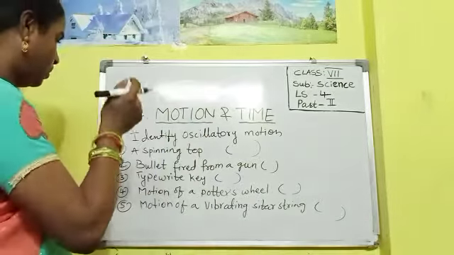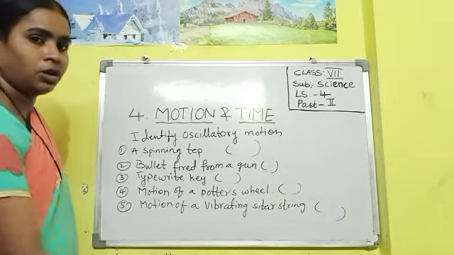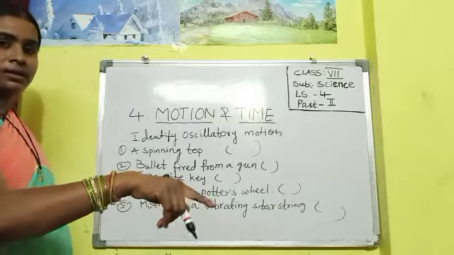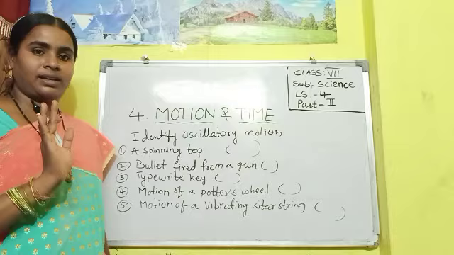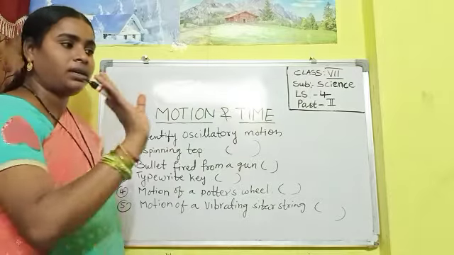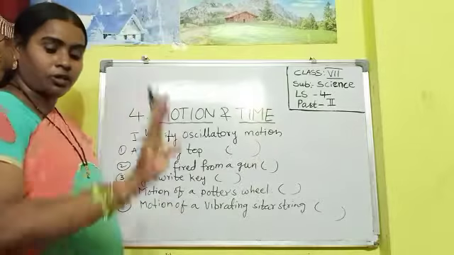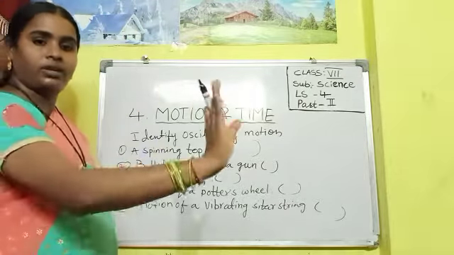Understand? So here, a spinning top. The top is rotating round and the body is in one place only, stationary. So here the motion is not upward and downward, and backward and forward is also not there.